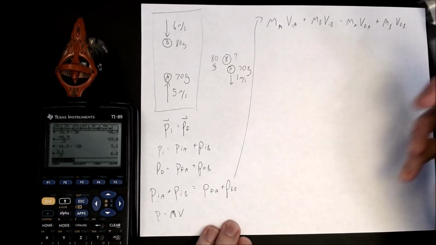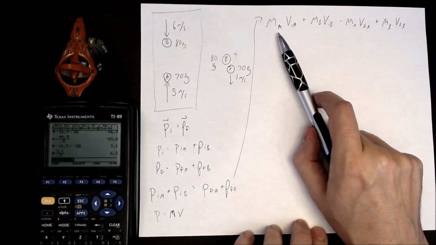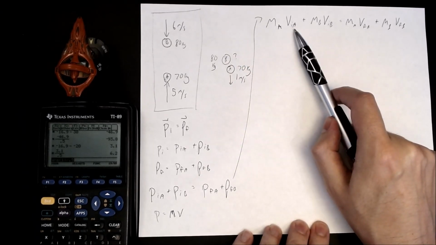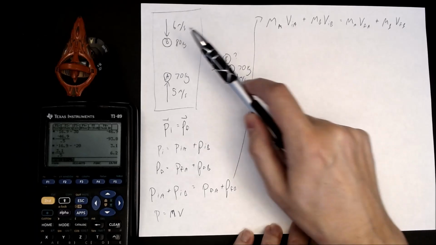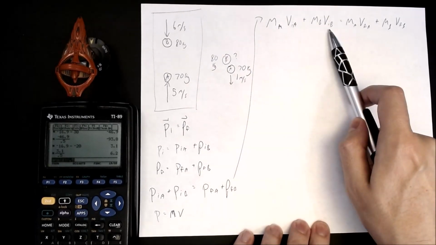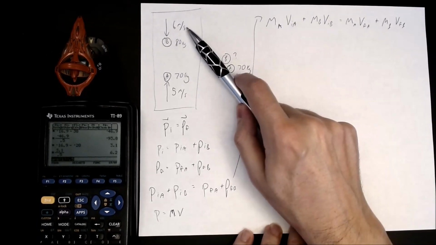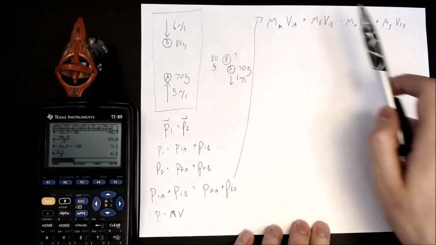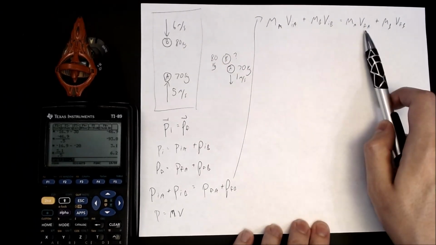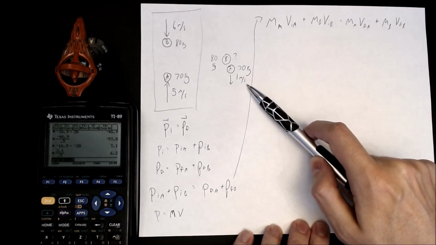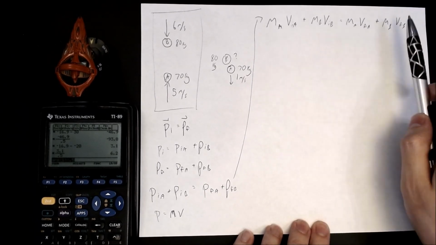Now, what do we know? We know the mass of Alfred, 70 kilograms. Velocity initial Alfred, north, 5 meters per second. Mass of Bruce, 80 kilograms. Velocity initial Bruce, south, 6 meters per second. Mass of Alfred, got it. Velocity final Alfred, actually we got that too. It's 1 meters per second south.